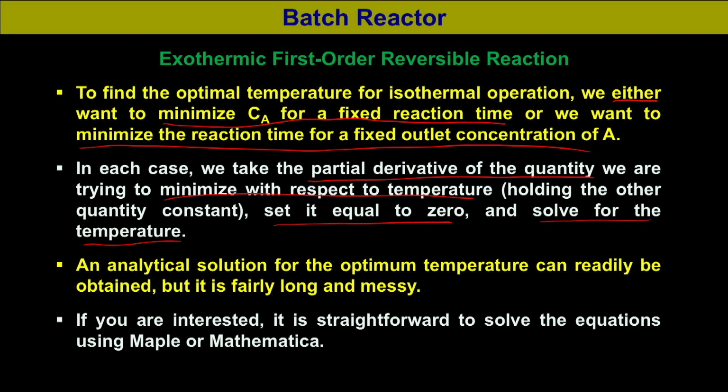That means, if we wanted to minimize the concentration, we will take partial derivative of concentration with respect to temperature, keeping the time constant, or in the other case we can take partial derivative of time with respect to temperature, keeping the outlet concentration constant, and then we need to set it equal to 0 and solve for the temperature.